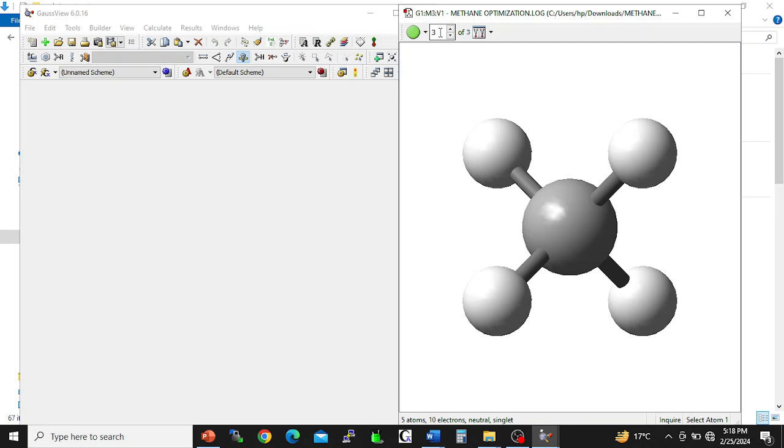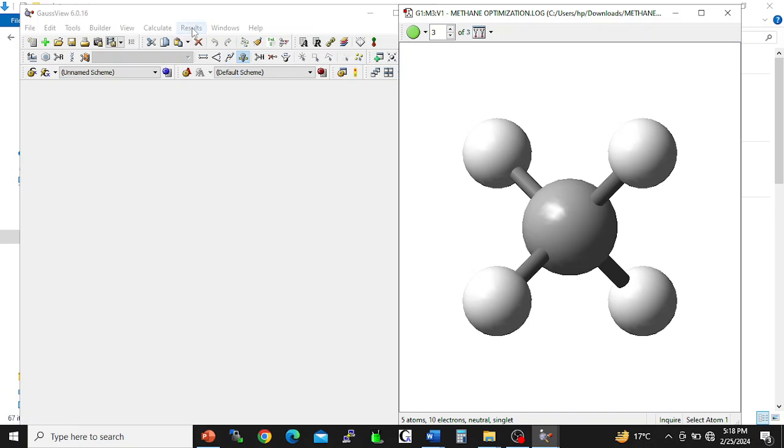Ideally, if your structure is optimized in less than 20 steps, it means your input geometry is really good. If it is going to take more than 20 steps, there may be 2 reasons. Either the structure is not present on a steep potential energy surface, or it may be present on a shallow surface, what you can call. Alternatively, your input geometry is not really good.